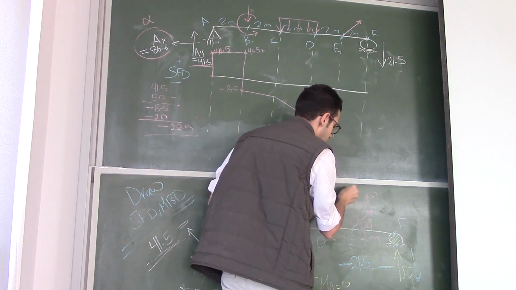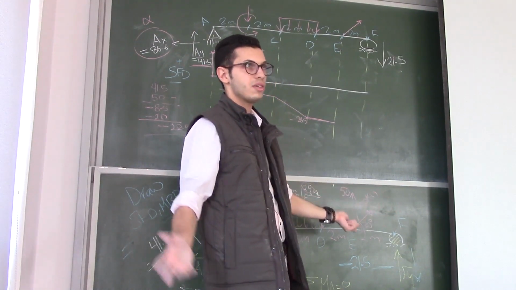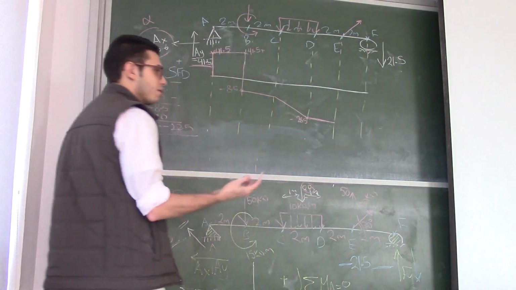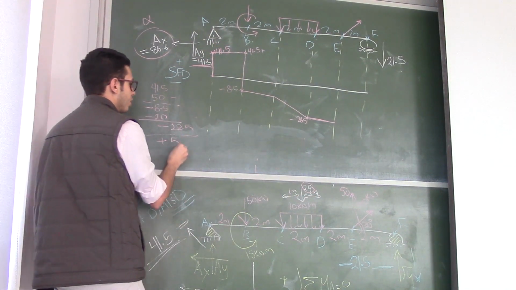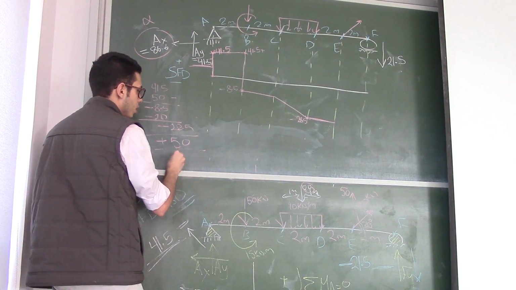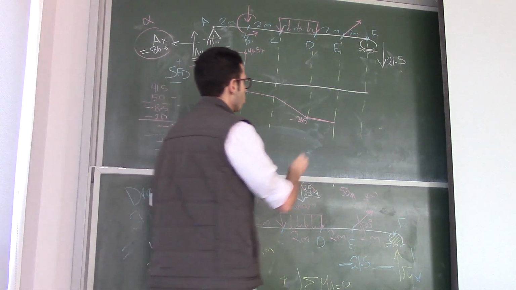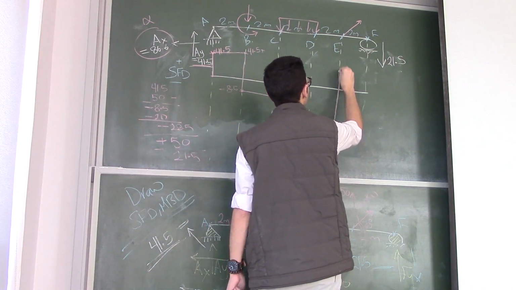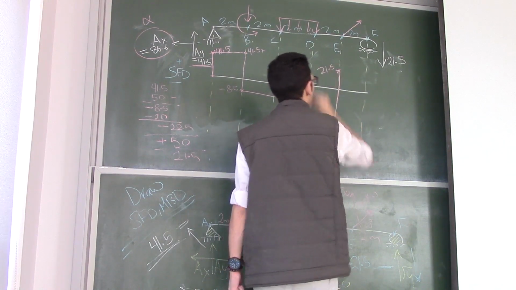It's 100 sine 30, which is 50. So you have a positive 50. Plus 50 will equal 21.5, so I will go up to 21.5.